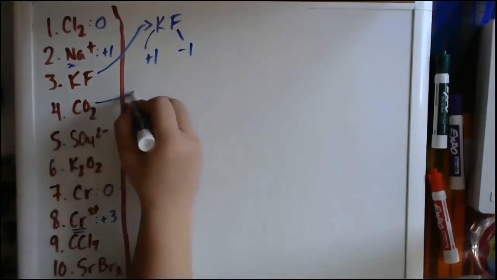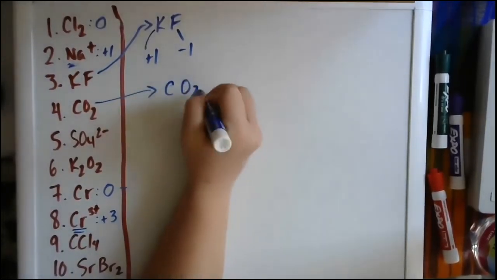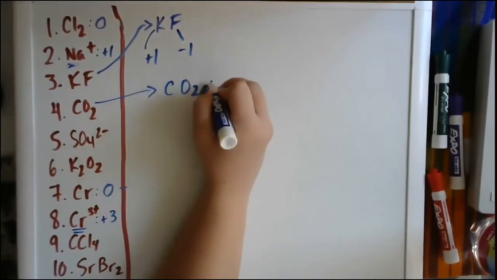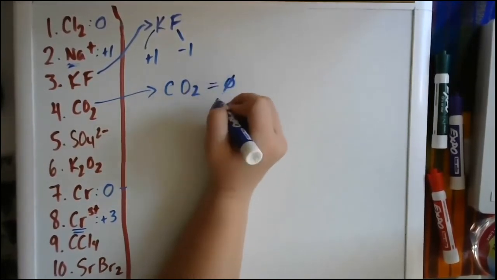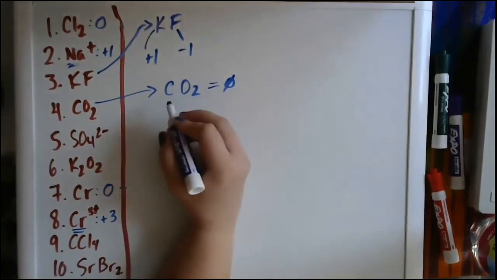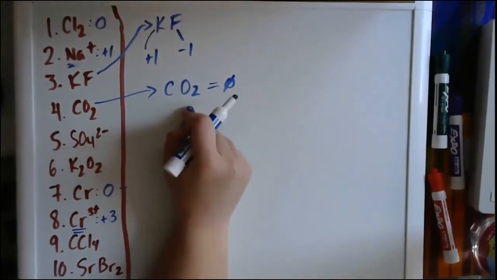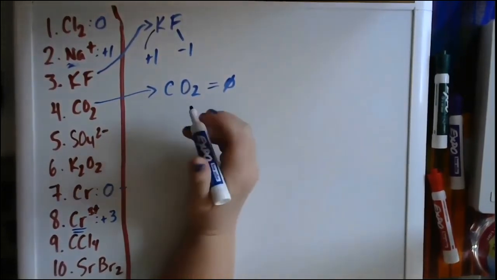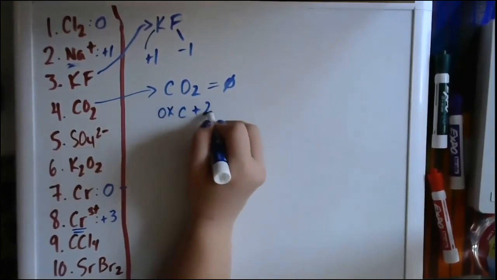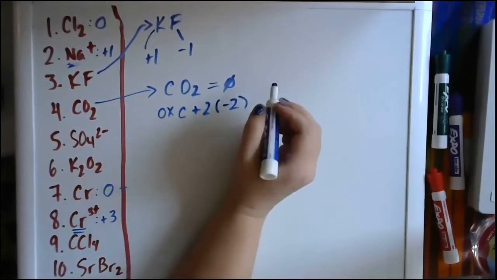Okay? For CO2, again, it's a neutral compound, so when we add the oxidation states up, it's going to equal 0. Between the two of these, we know the value of the oxidation state of oxygen. So we're going to have the oxidation state of carbon plus 2 times the oxidation state of oxygen, which is -2.